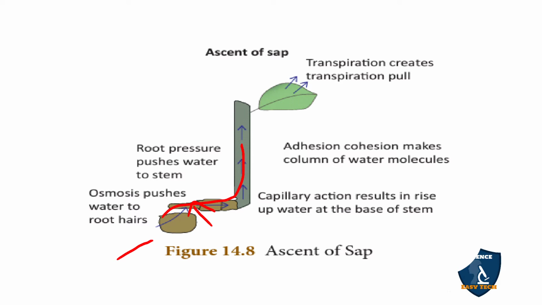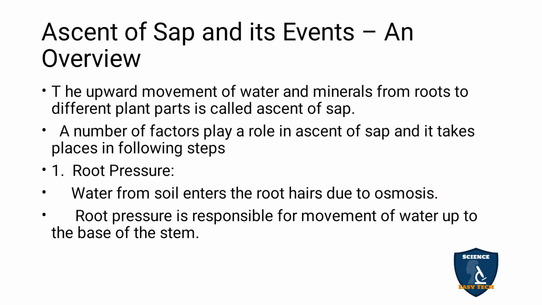So this upward movement of water is called ascent of sap. A number of factors play a role in ascent of sap, and it takes place in the following steps.